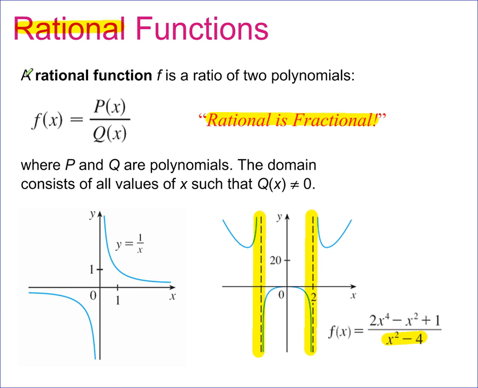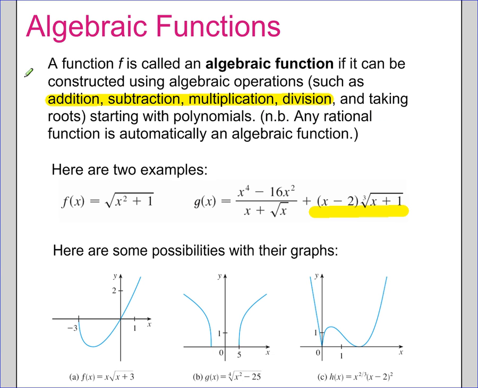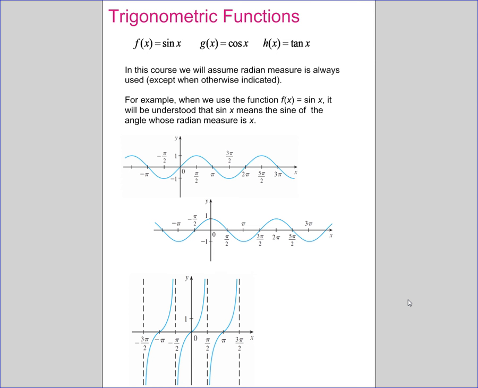We can call it rational, as opposed to on this slide, this one called g. It starts off looking like a rational function, but then some other stuff is added on. And so we've got the graphs of those, some additional possibilities that I just copied right out of the textbook. Take a look.